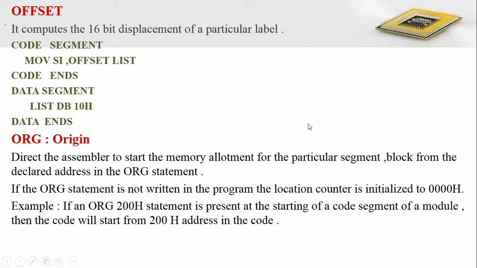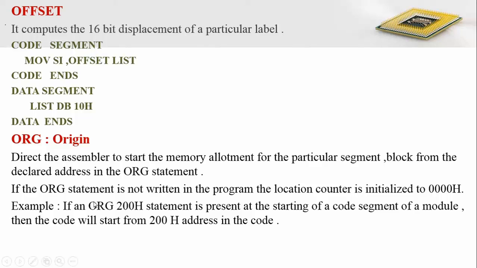If a statement like ORG 200h is not present in our program, then whatever instructions are present inside the code segment are loaded from displacement value 0 itself. From the beginning of the code segment, we can store the codes of our program one after another.